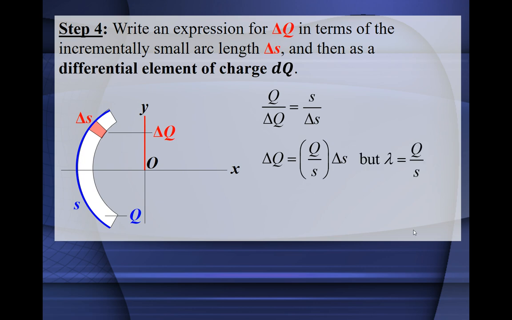Therefore, we have lambda equal to Q over S, which gives me the equation delta Q is equal to lambda times delta S. But I want to write this in differential notation, so instead of delta, we're going to represent it with d. Therefore, I have an equation that tells me the amount of charge contained in one of these differential arc lengths is equal to lambda, the linear charge density, multiplied by the arc length of one of these differential elements.